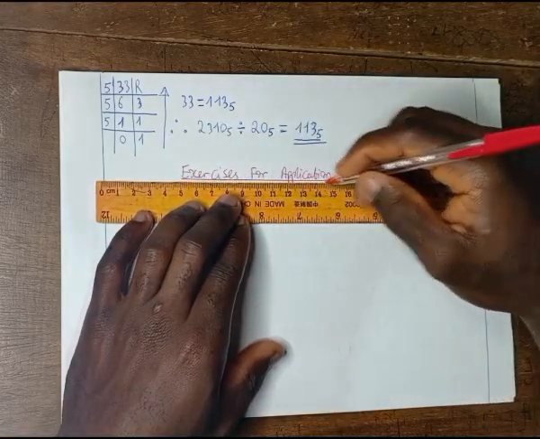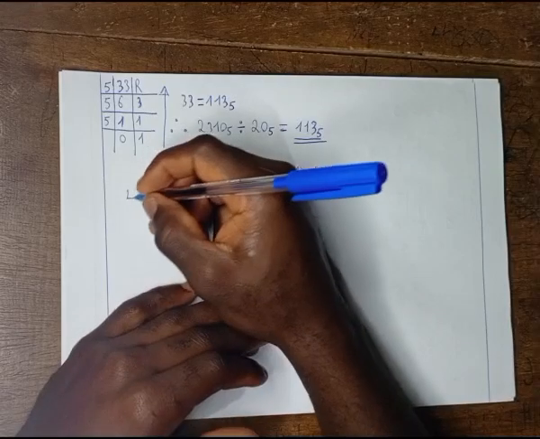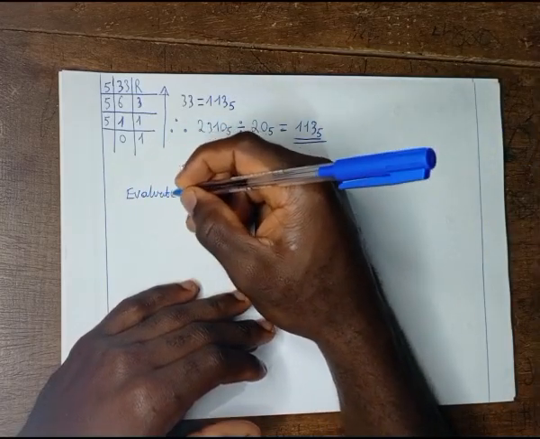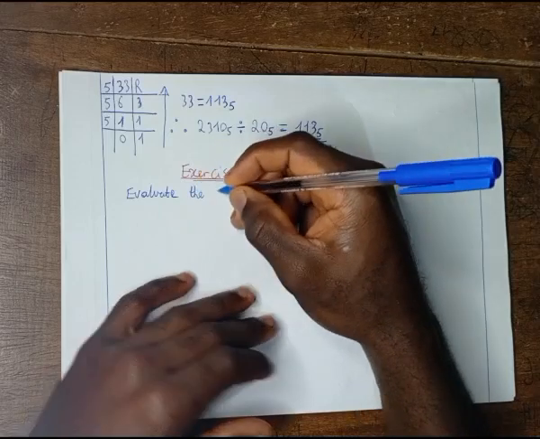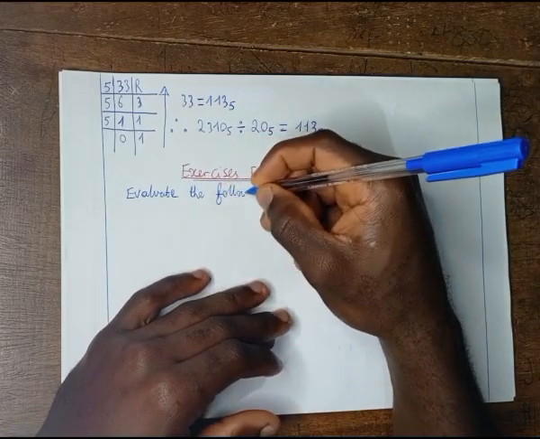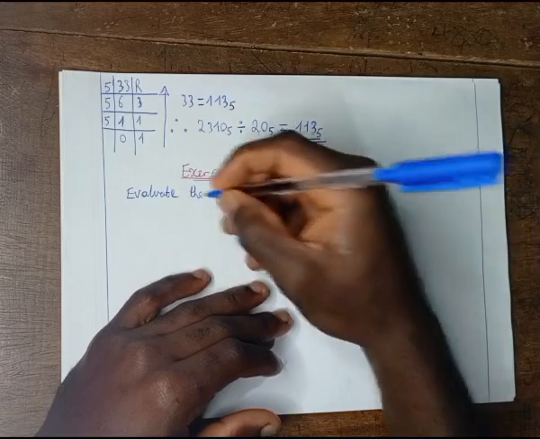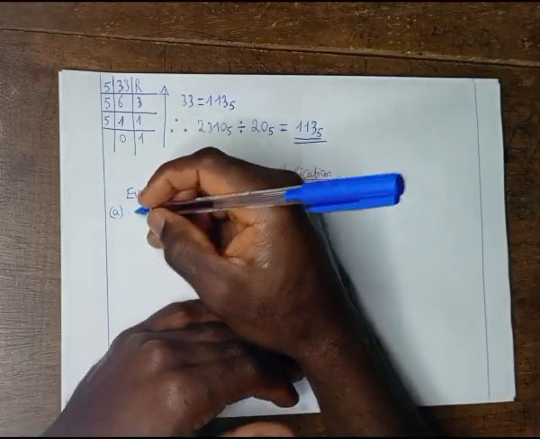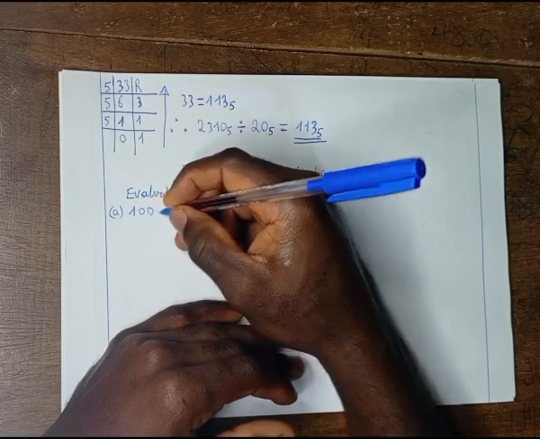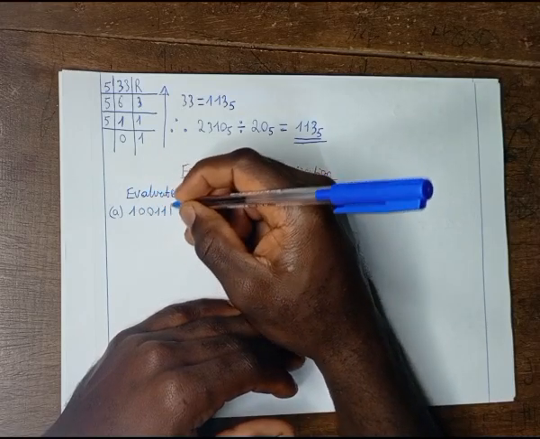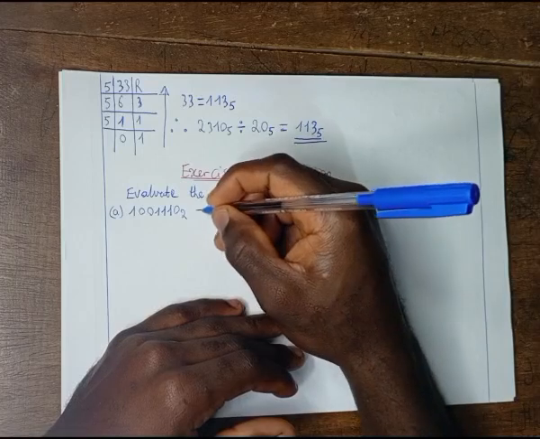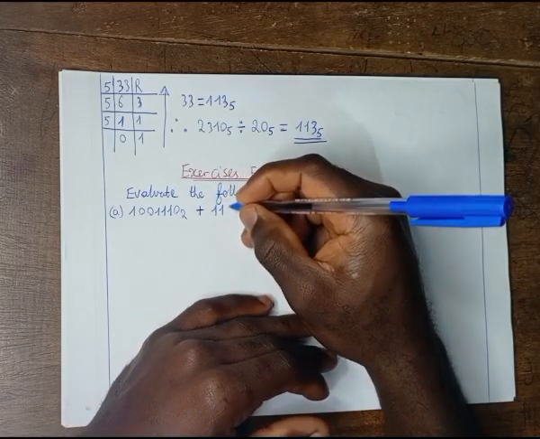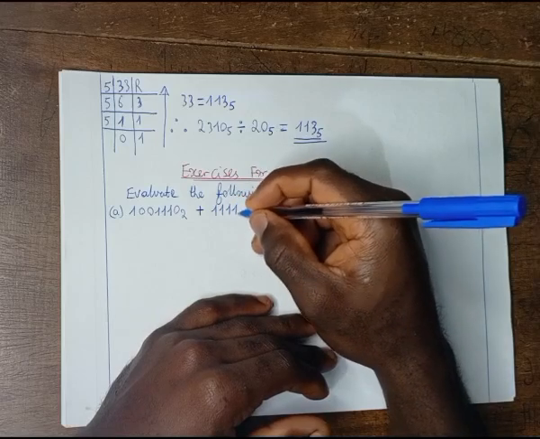Question 1. Question goes, evaluate the following. For A, we have 1 0 0 1 1 1 0 in base 2 plus 1 1 1 1 in base 2.